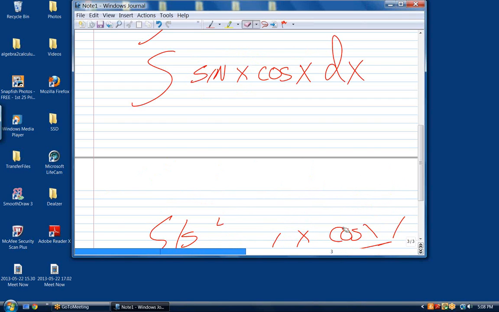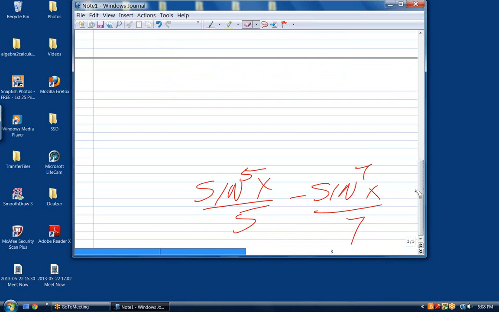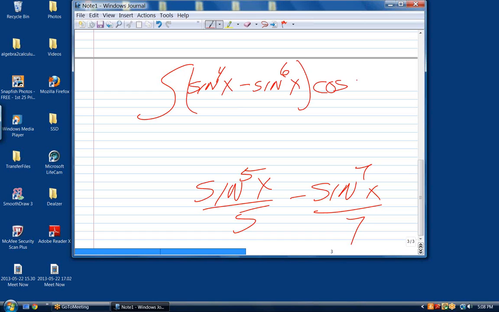Now, what happened to that last cosine there, on the problem we were doing? Okay, what we had was the integral of sine to the fourth x minus sine to the sixth x times cosine. Remember, we had taken a cosine out.